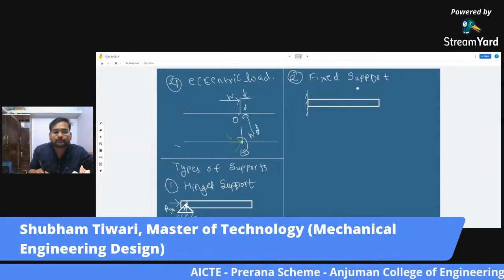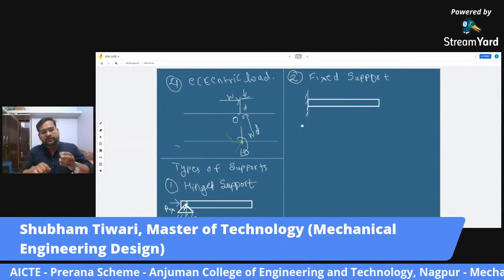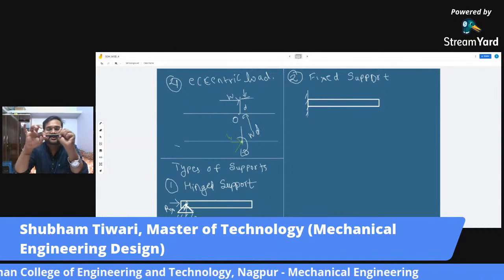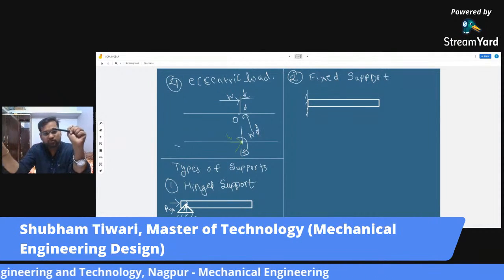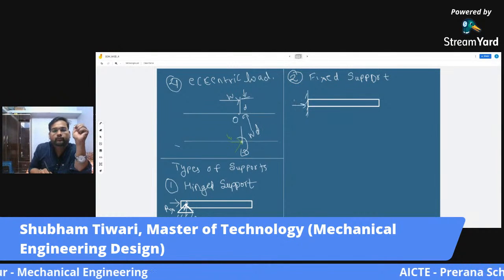Here comes our beam. Now what happens to this beam? This is fixed. Now it is pretty much rigid, just like this. Now see, can it move in x direction? It is not moving in x direction. That means there is a reaction in x direction.